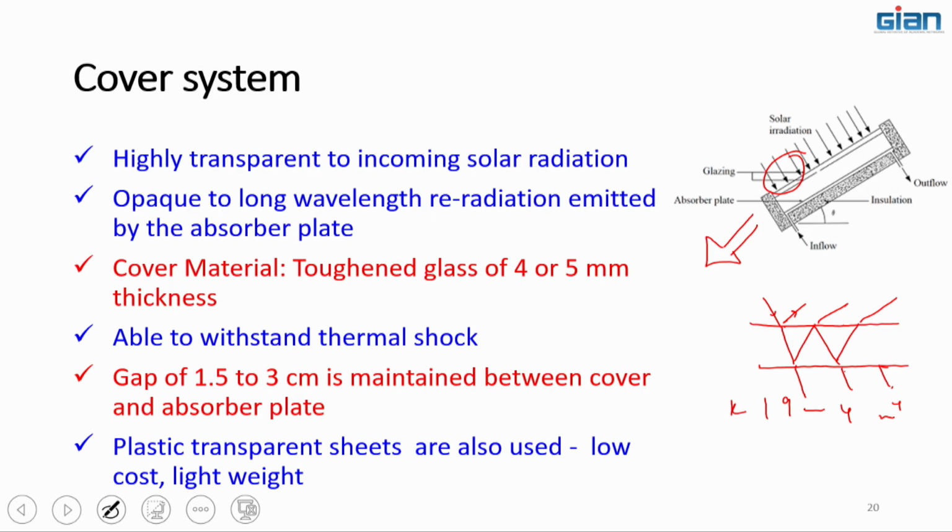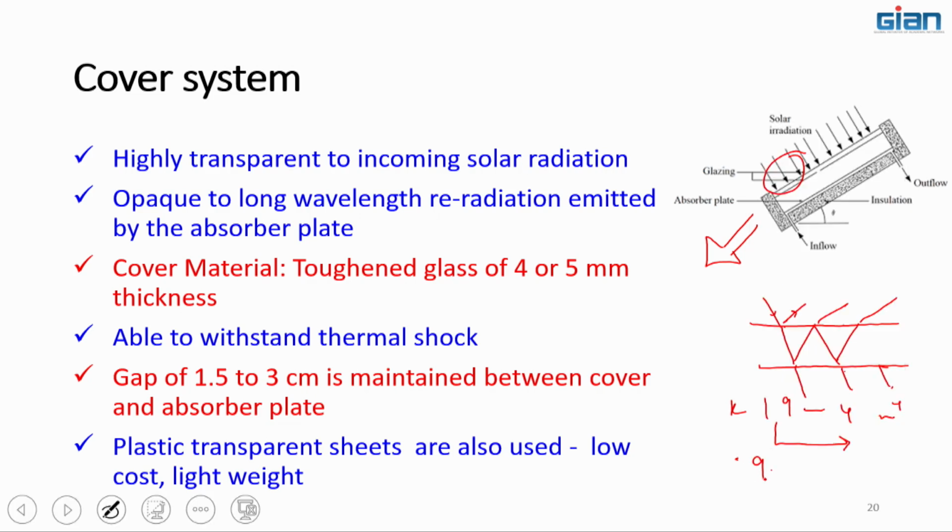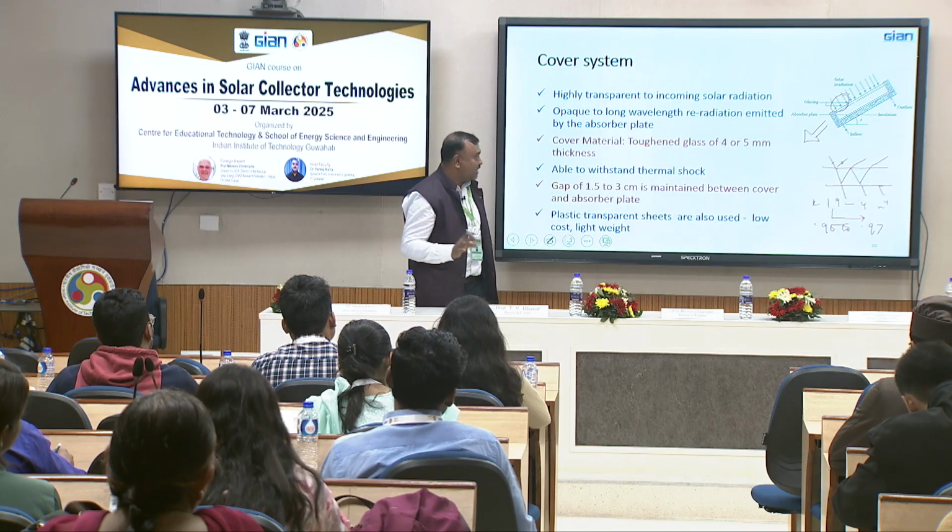So if we reduce the extinction coefficient from 19 to 4, then you can increase the transmissivity from 0.95 to 0.97, okay. That impact is very, very high, even though it looks very tiny, okay.